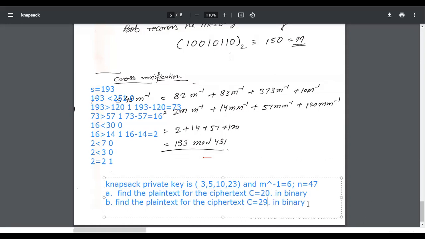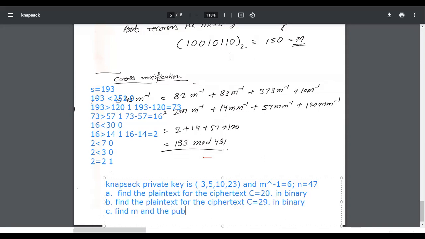And third, find n. Try this. This is question number 1.